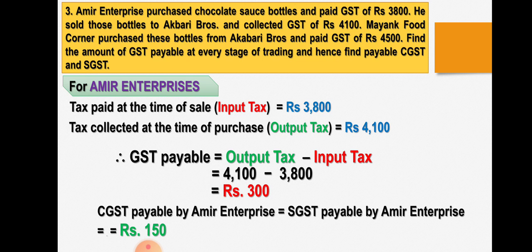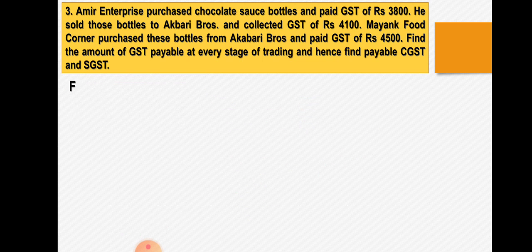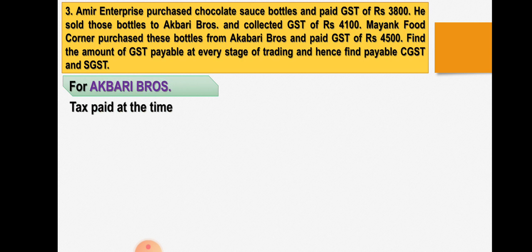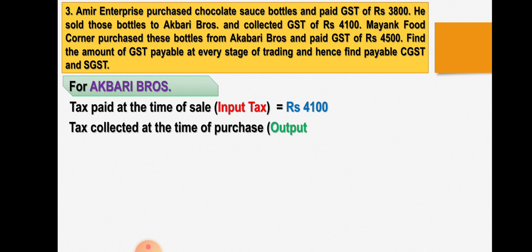In the same way as we did for Amir Enterprises, now we'll do it for Akbari Bros. For Akbari Bros, input tax is 4,100 rupees. Output tax will be 4,500 rupees, as given in the question. Now we'll write the formula.